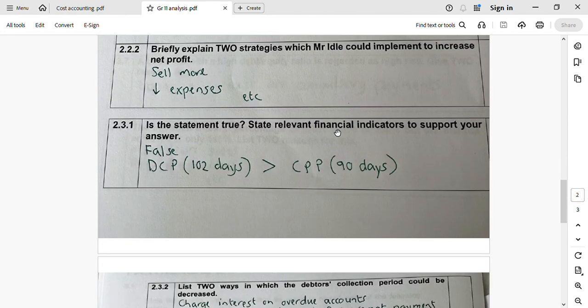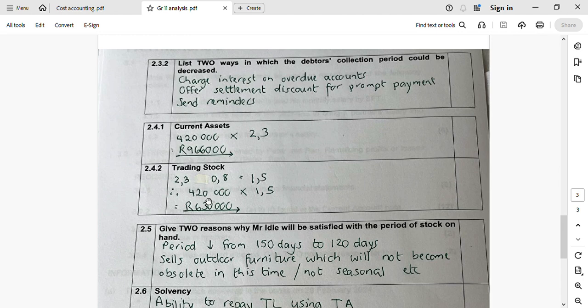So it's quicker to just take your 2,3 minus the 0,8 to get 1,5, and then take your current liabilities and multiply by that 1,5, which is 630,000. So you're answering this in a quicker way than you would if you worked it out using your asset test ratio, got that number and then subtracted it from your current assets.